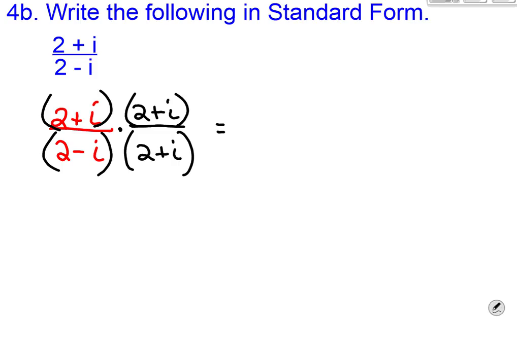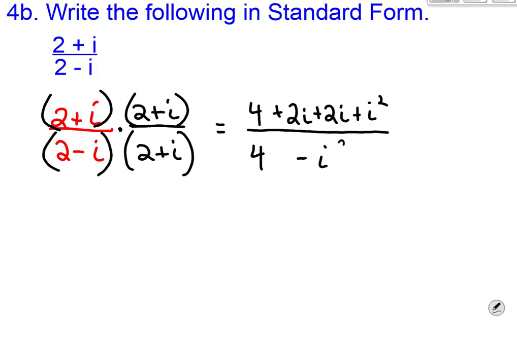So our first terms in the numerator give us 4, plus outside terms 2i, plus 2i for the inside terms, and then plus i squared. On the bottom, we get 4 minus i squared. Just a reminder, on the top, that i squared turns into minus 1, and this minus i squared on the bottom becomes plus 1.